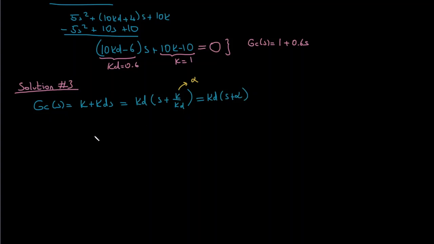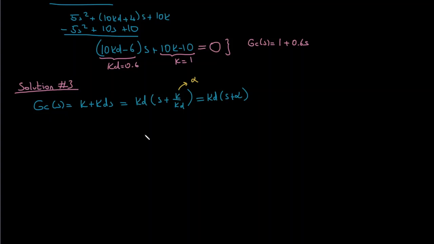So good news is that now I do have a controller which has a free parameter kd and a 0 location in the open loop transfer function that I can determine, right? So you can do it by inspecting the root locus and decide where this alpha should be if the desired pole locations are included in the root locus.